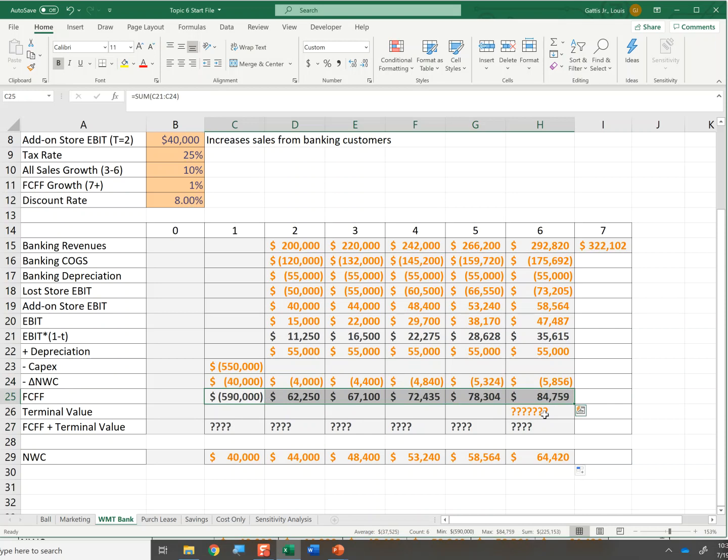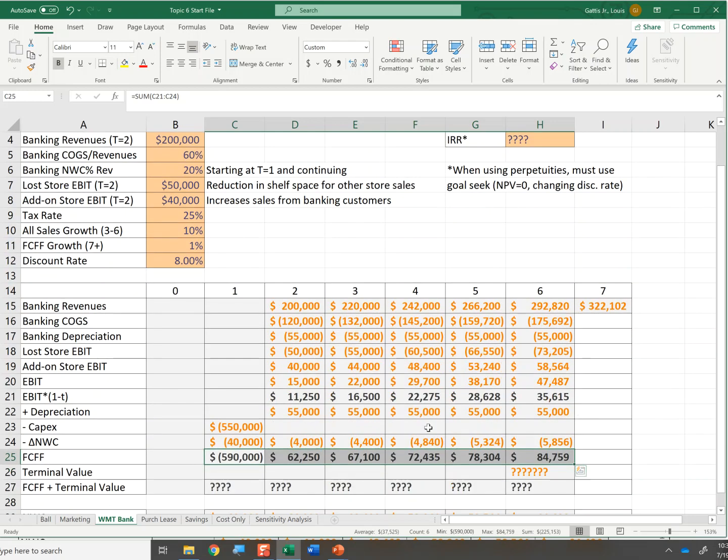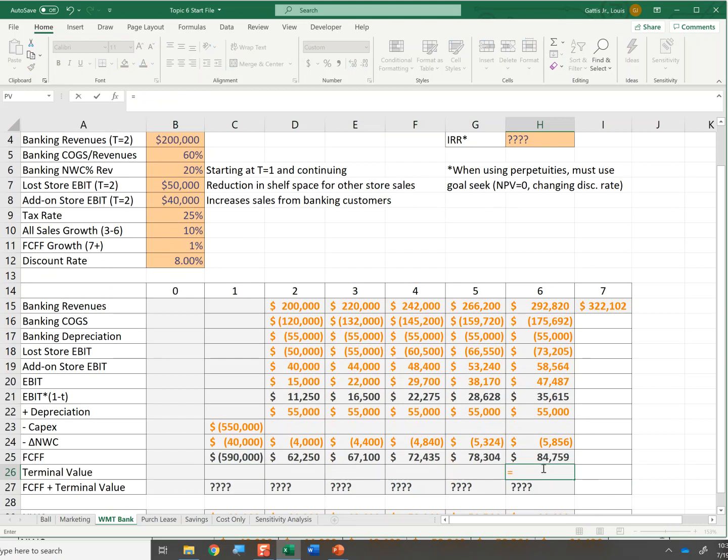However, I need to deal with the fact that this store is going to be there longer than 6 years. So my 6 years is my estimation window. That's the point when I'm going to stop doing detailed estimations. At that point, I'm just going to assume that the FCF growth is going to be 1% per year. So I'm going to take my year 6 free cash flow, multiply times 1 plus that FCF growth rate.